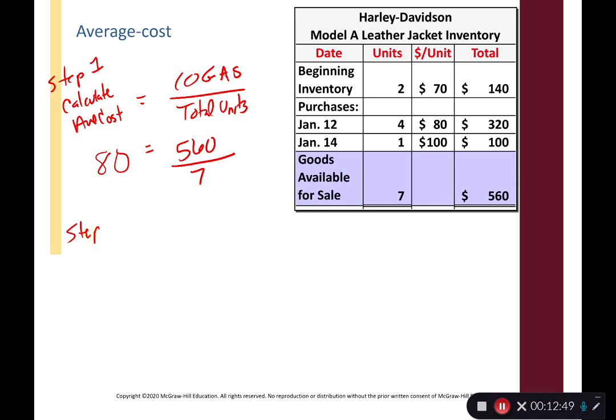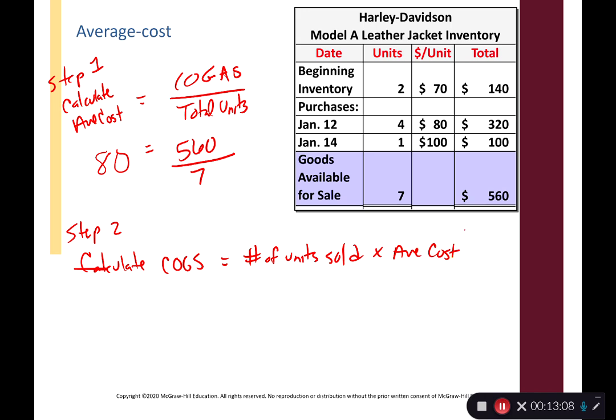Step 2 is going to be to calculate cost of goods sold, which is going to be the number of units sold times our average cost. So the number of units sold, remember we had ending inventory of 3, so the units sold is 4. So we're going to take 4 times our average cost of 80. That's going to give us 320.